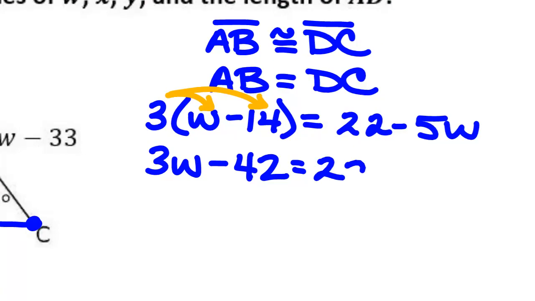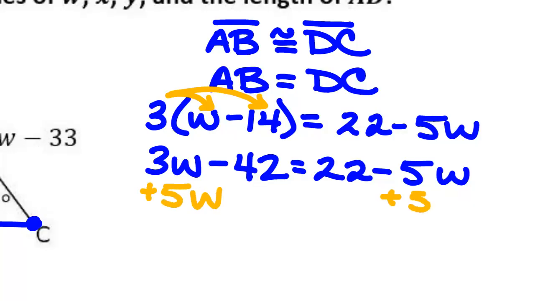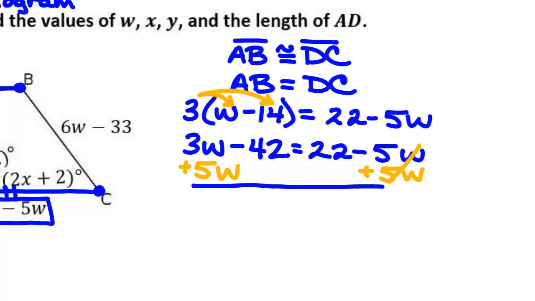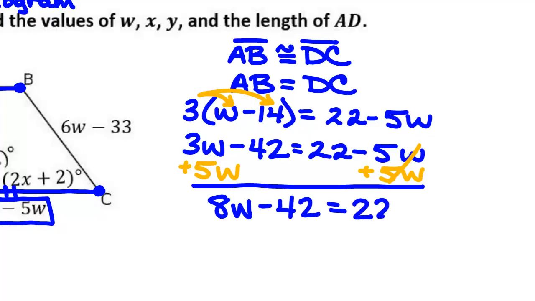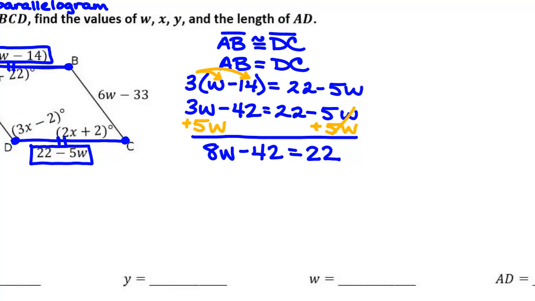equals 22 minus 5W. Now we're going to get our W's to the same side, so I'm going to add 5W to both sides. So that would give me 8W minus 42 equals 22.